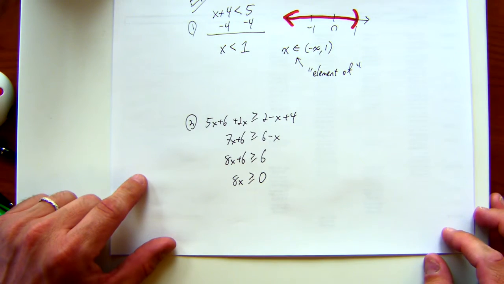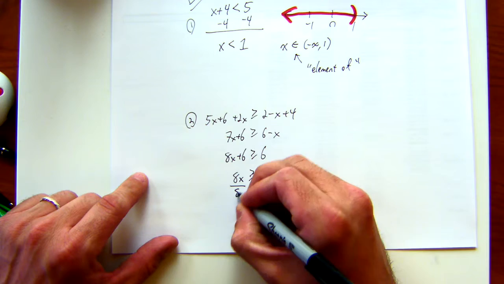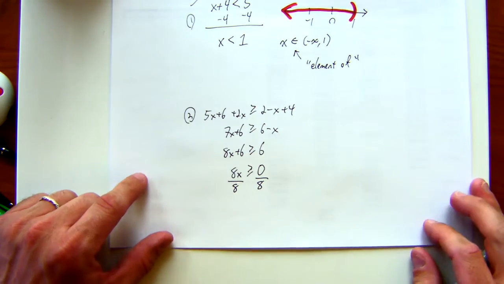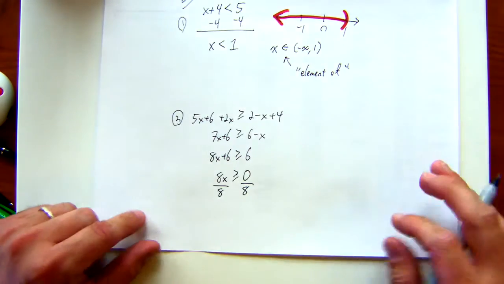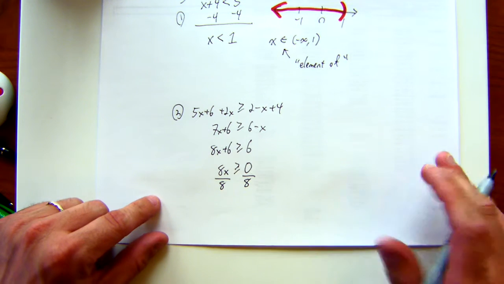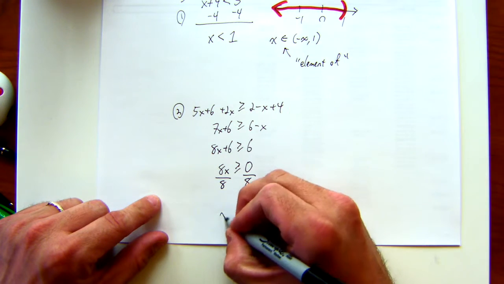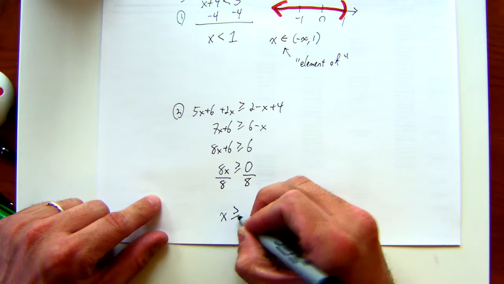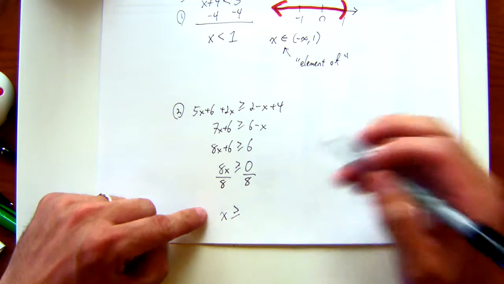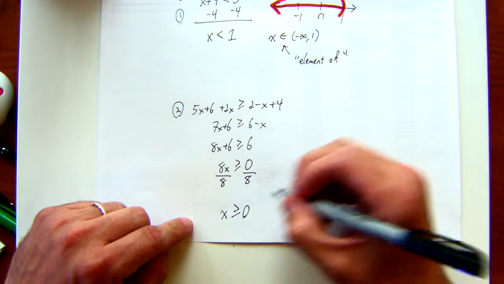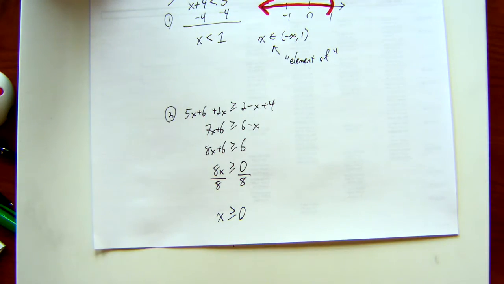And then I want to divide by 8 to cancel this out here. And what do I get on the right-hand side? Now what's 0 divided by 8? Just 0. So x is bigger than or equal to 0.